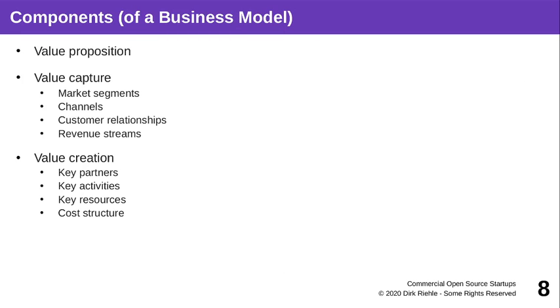So we have these 9 components with essential linchpin, the value proposition. Value capture, how you make money, is the customer segments or market segments, channels, customer relationships and revenue streams, and the value creation is about key partners, key activities, key resources, and the underlying cost structure of creating that value.